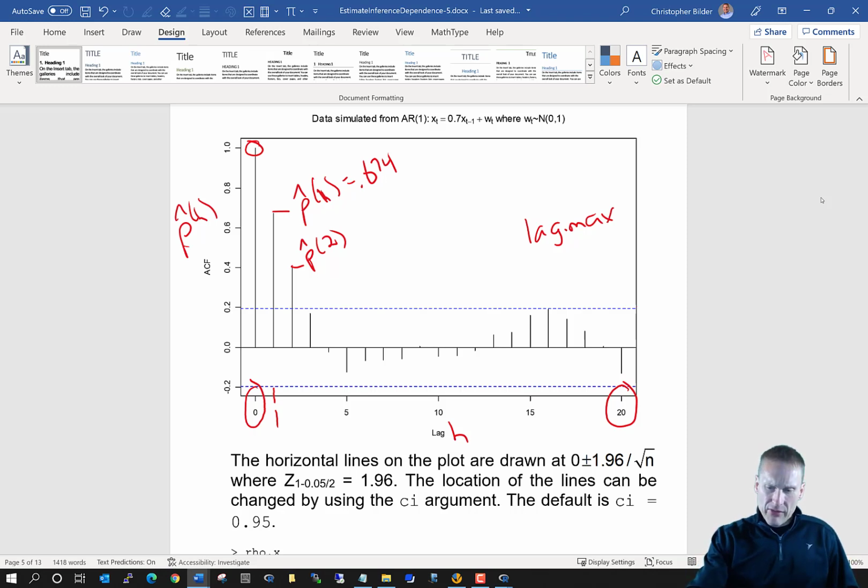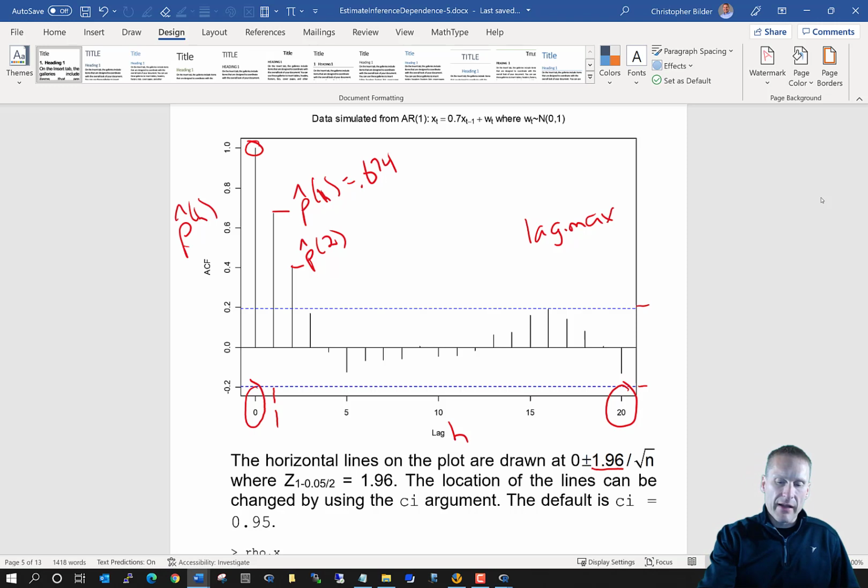Now, also here you see some dashed blue lines. What that corresponds to is this hypothesis test that I just mentioned, in terms of if an autocorrelation is outside these blue lines, which are drawn at, by default, plus or minus 1.96 divided by the square root of n, then it says, yes, there's sufficient evidence to indicate that the true autocorrelation does not equal 0.